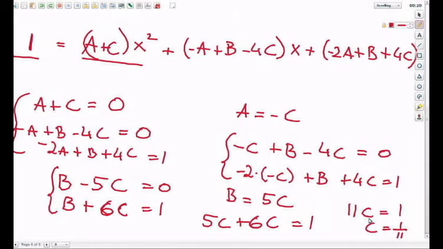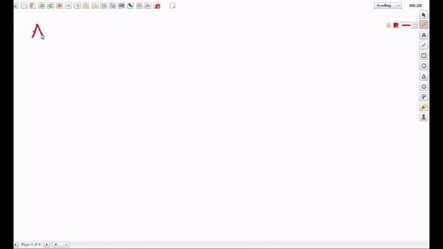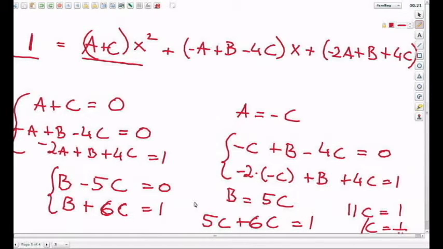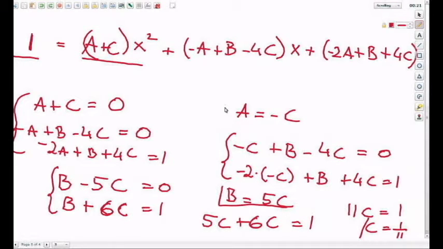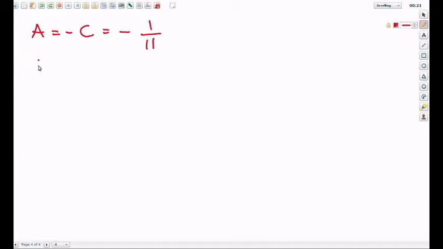So c equals 1 over 11. Okay. Now if you recall, a was equal to negative c. So this tells me that a is minus 1 over 11. And just to check here, b was equal to 5c, so b is 5 over 11.